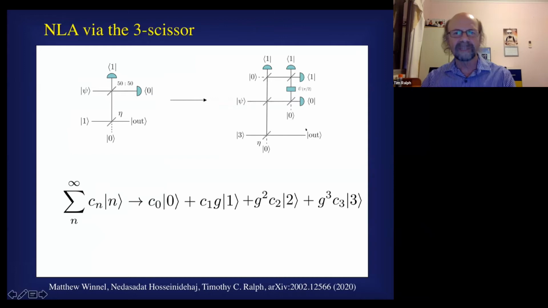The form of it is very similar, except now we inject a 3 photon state as our resource, and we count 3 photons out of the 4 output modes here. And what that does is this ideal transformation. All the Fock components are faithfully amplified up to the 3 photon component. And you notice it's all linear optics, so it's much more practical.